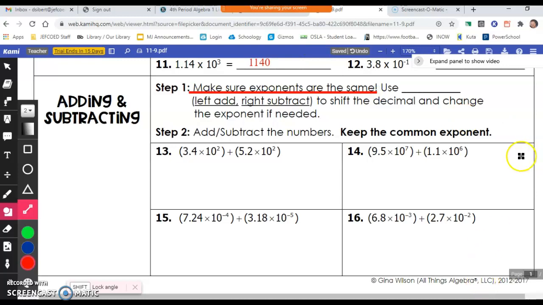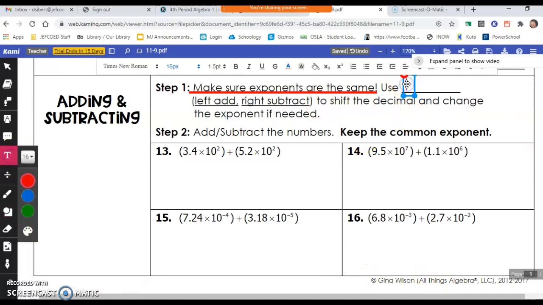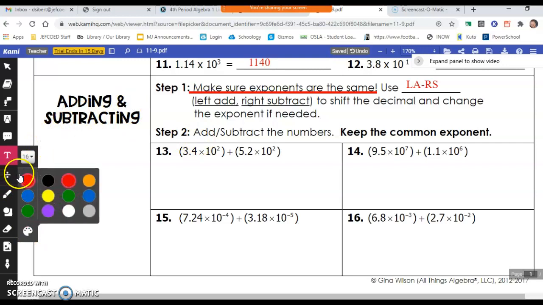The first that we talked about last Monday, your exponents and your variables must be the same. Now, we are going to use what we call LARS, but I'm gonna hyphen it. LARS. And all that means, guys, is that if you add to your exponent to make them the same, that's all that means.